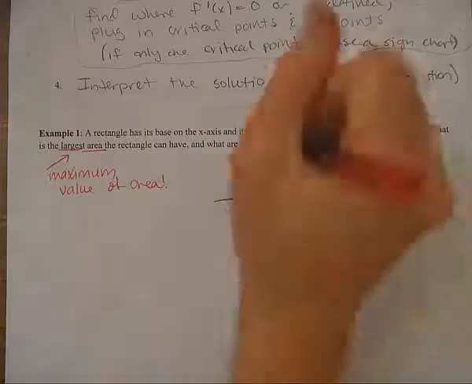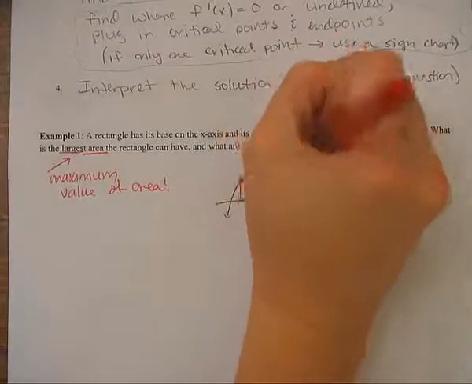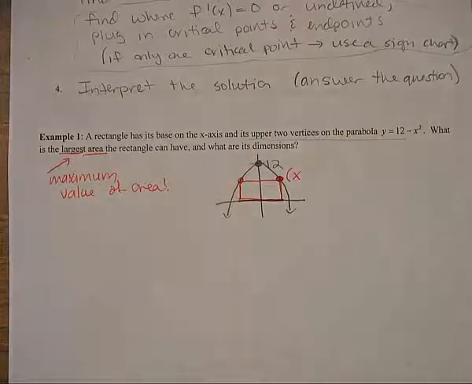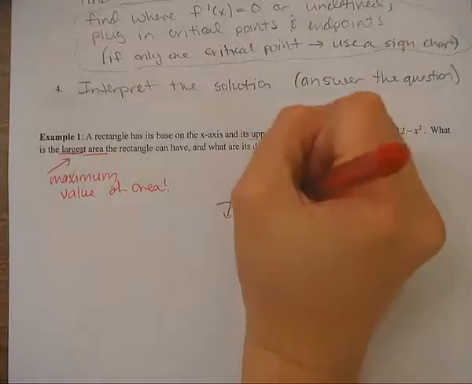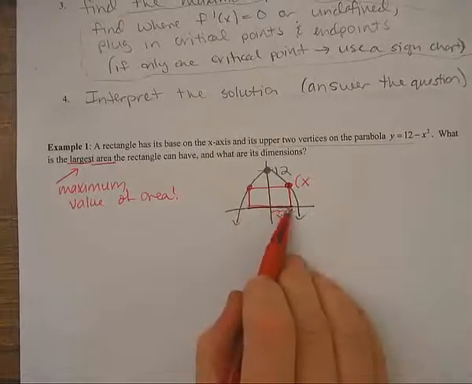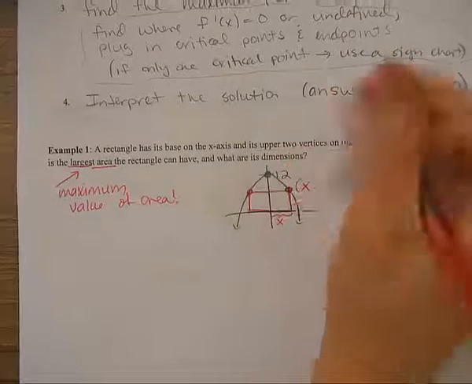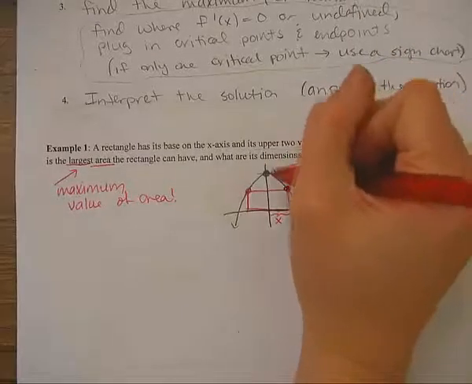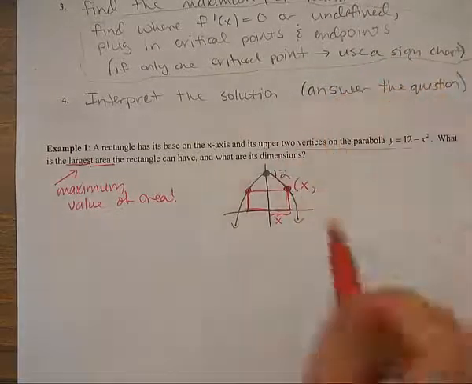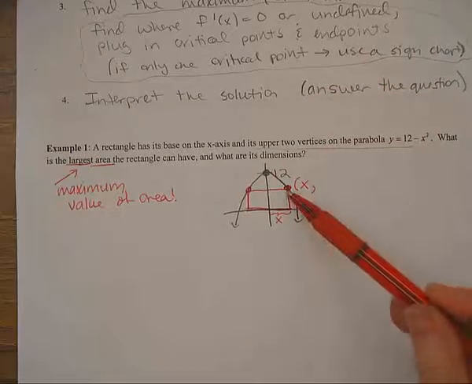Well, I know that this point right here would have an x value for the x coordinate, obviously, and it would be this length of x from the origin over to how far that point went to the right. Now, how far you go up depends on this parabola, because the point has to intersect the parabola.